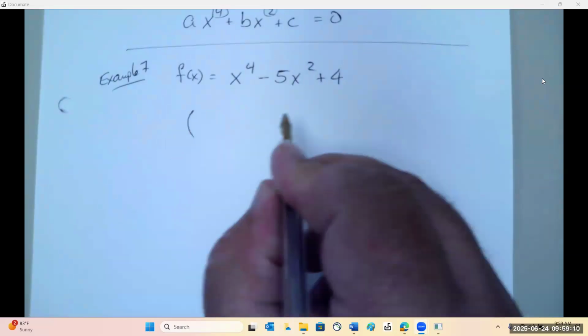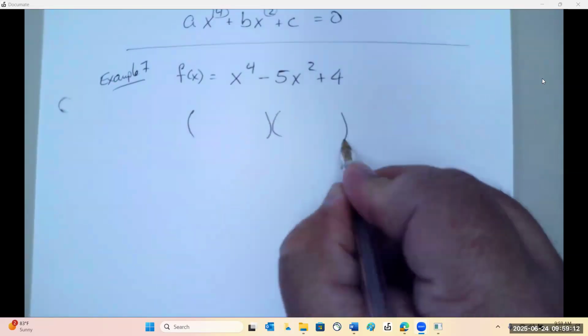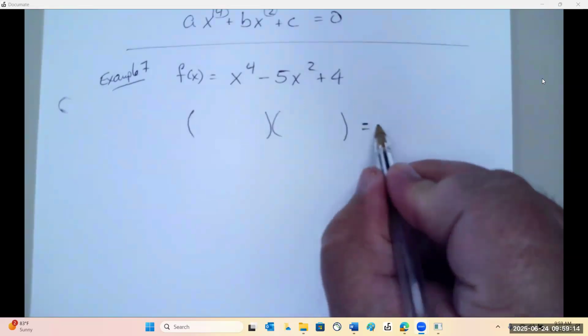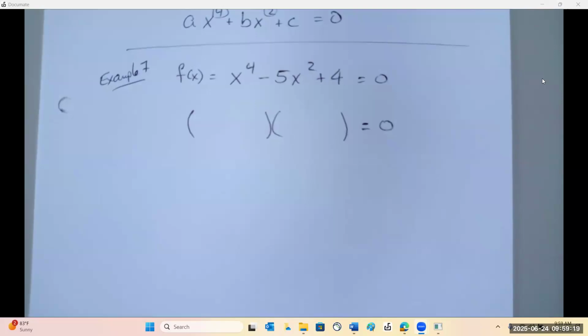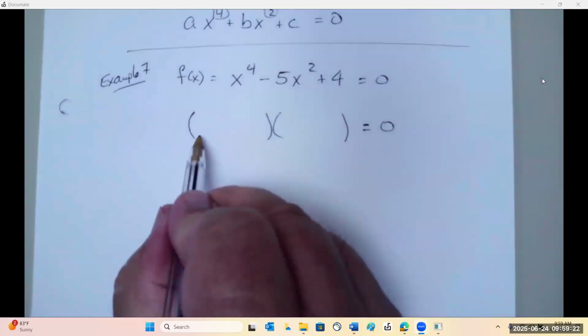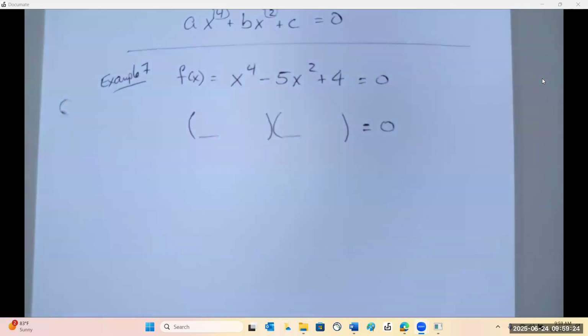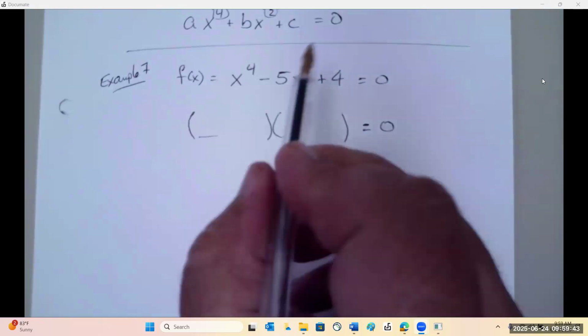If we use factoring, it has to be set equal to 0. So what term goes here? Remember, I just told you a second ago, which term do we look at that we're solving for? The middle term.